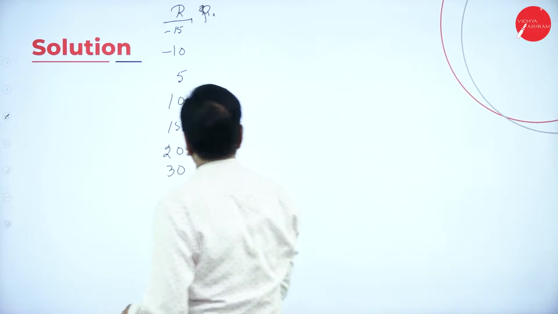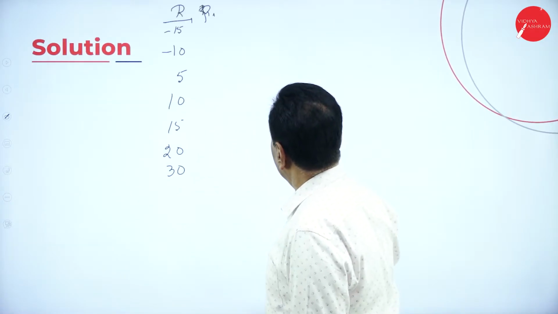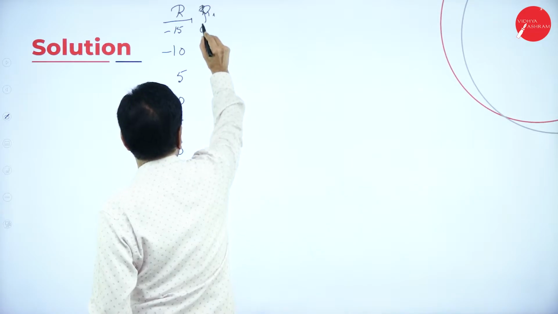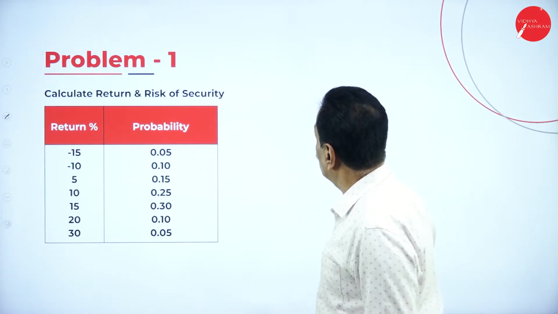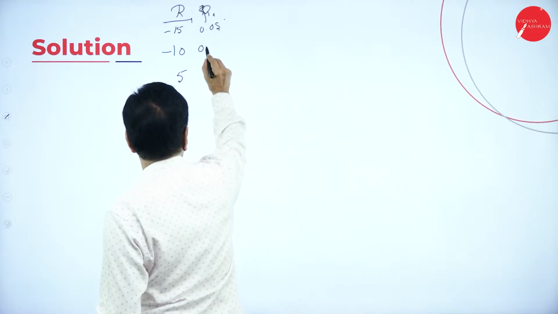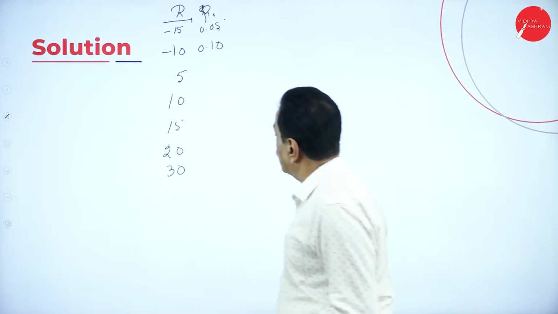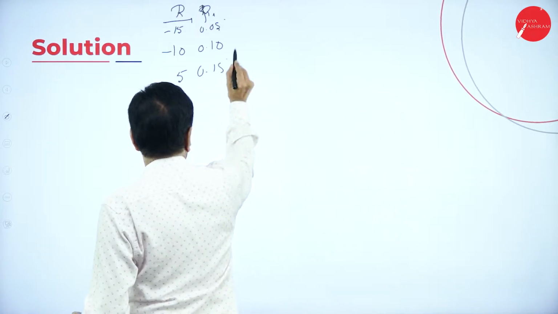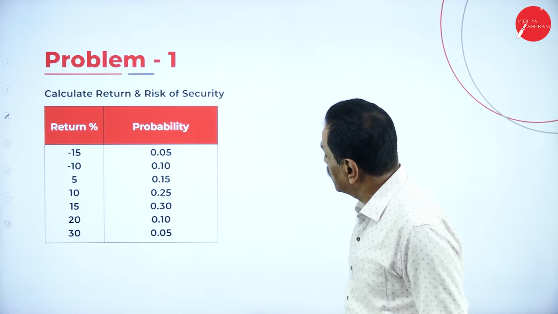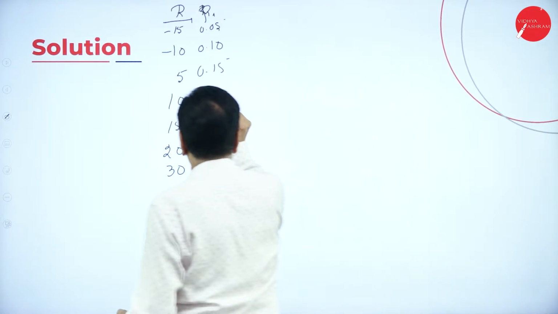Probability P1: 0.05, 0.10, 0.15, 0.25, 0.30, 0.10, 0.05. This is your probability.